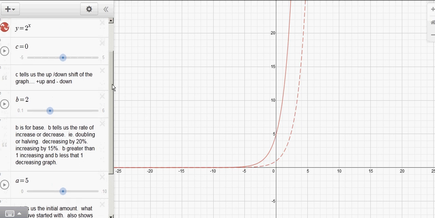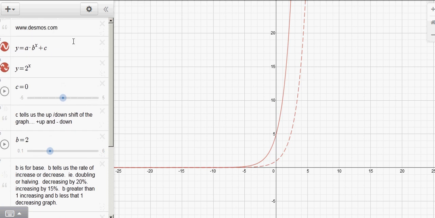So, to recap for us, in the general form, y equals A times B to the power of x plus C. C gives us the up and down, where our graph is actually going to be. B gives you the rate that it increases by, whether it's doubling or halving or decreasing.